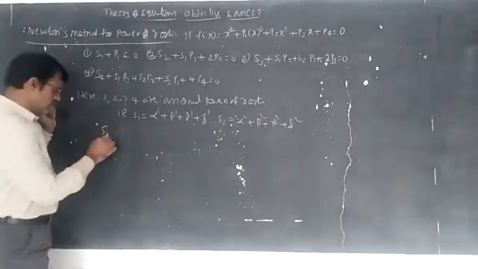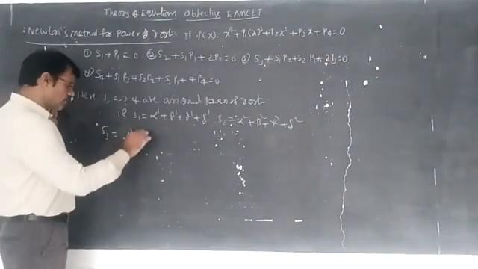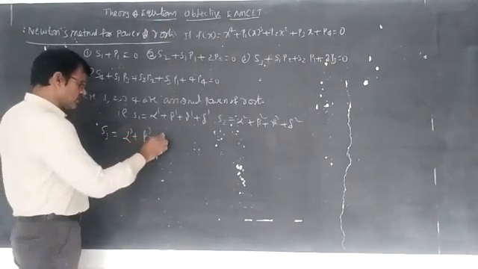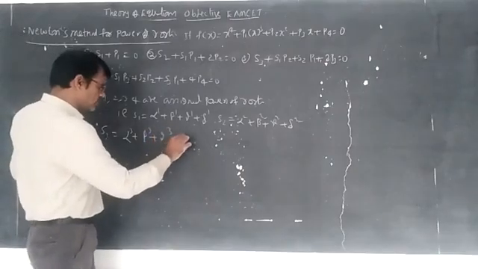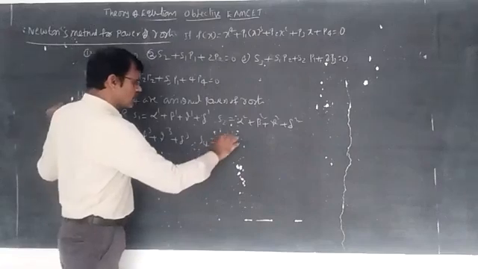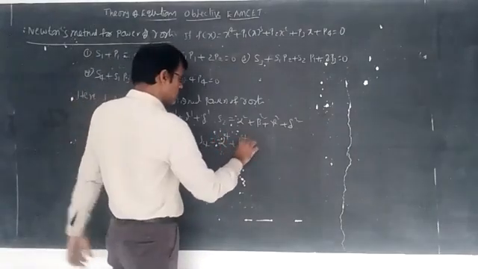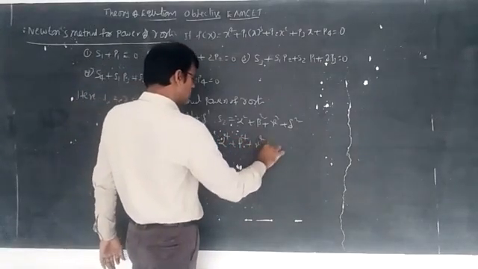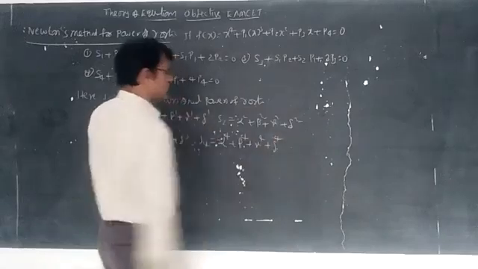Next, s3 means alpha power 3 plus beta power 3 plus gamma power 3 plus delta power 3. Next, s4 means alpha power 4 plus beta power 4 plus gamma power 4 plus delta power 4.